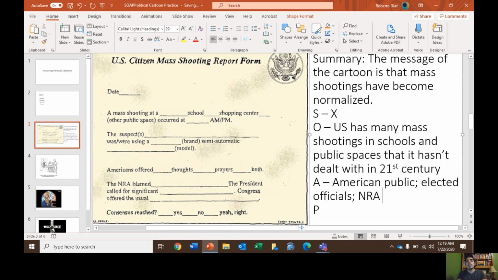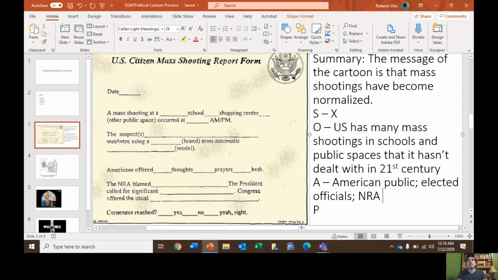They mentioned the NRA by name, but it has a tone that is more resigned. It doesn't sound like it's as directed at elected officials. If it were more directed at elected officials, it would have been even more biting and mean, because we as Americans tend to want to consume stuff that is biting, especially in the 21st century.